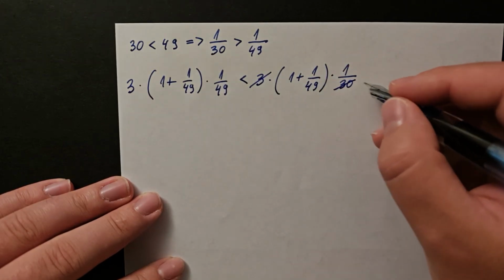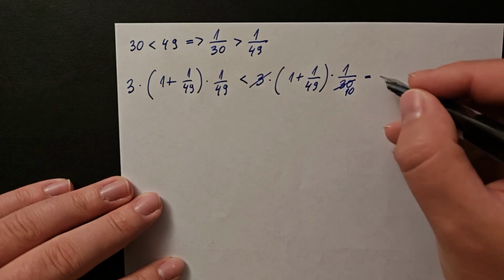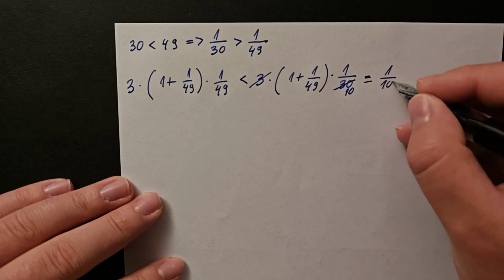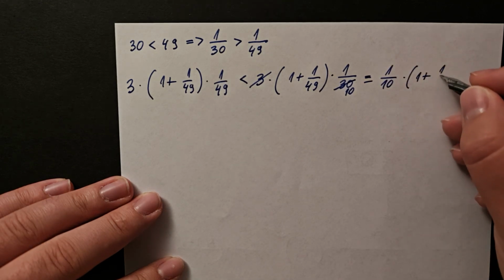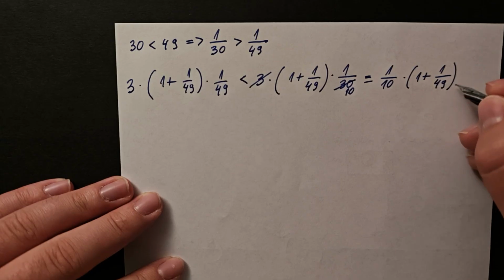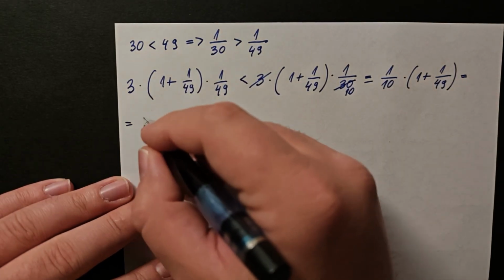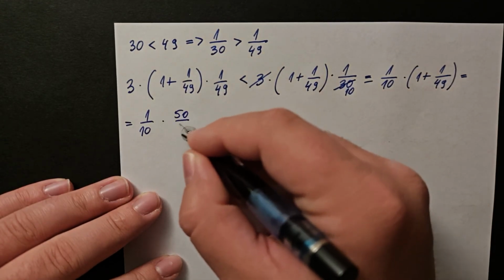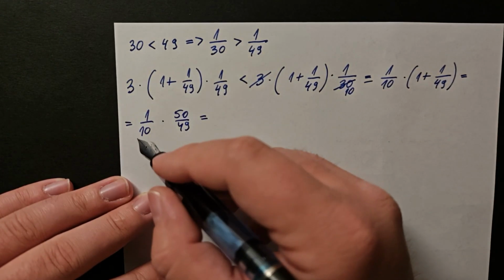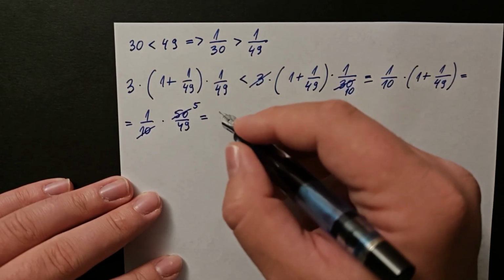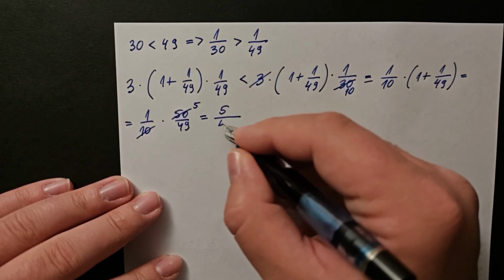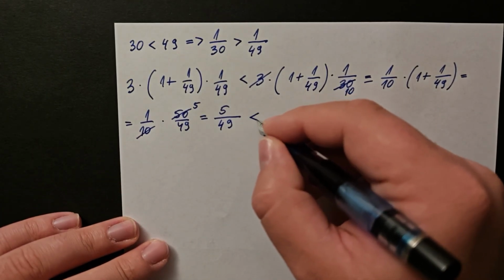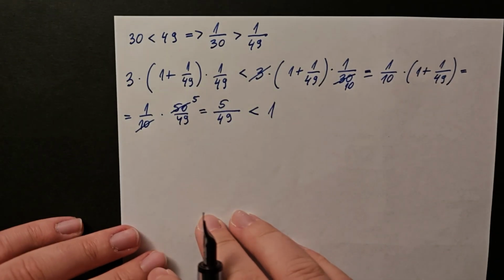Number 3 and 30 are going to cancel each other out, so we are left with 10 here, and that is 1 over 10 multiplied by 1 plus 1 over 49. So this is then equal to 1 over 10 multiplied by 50 over 49, and when we cancel out 10 and 50, we are left with 5 here in the numerator and 49 in the denominator. And as you can see, this is strictly smaller than 1.